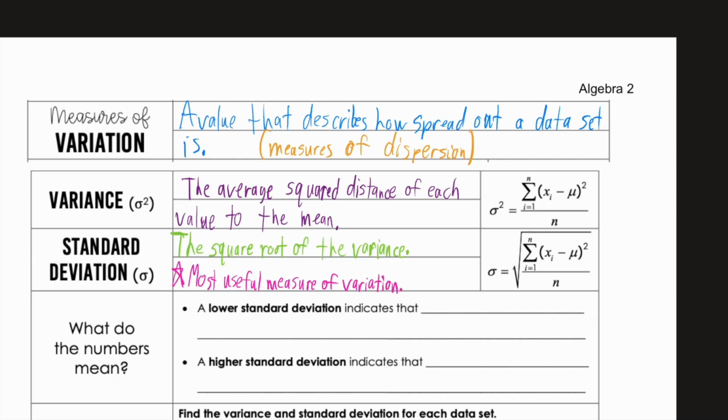So this is the one that is used the most often because it is the most useful. You may be wondering, hey, is there a most useful measure of central tendency between mean, median, and mode? And no. It's really just whatever data you're using and how you're using it is what is determined by. You'll see people using whatever best suits their circumstances, honestly, and sometimes whatever best suits their agenda, to be perfectly frank. But with measures of variation, standard deviation just is factually and mathematically the most useful.